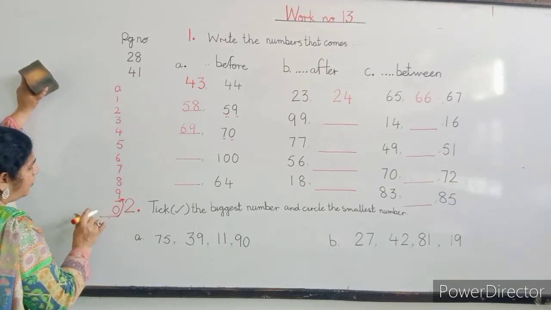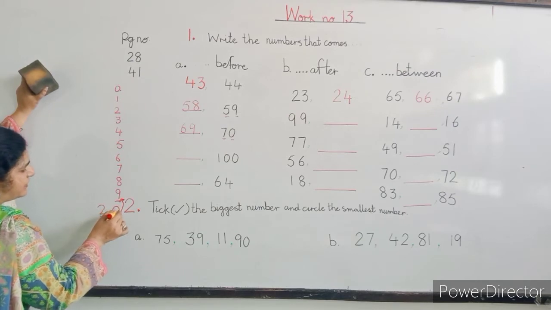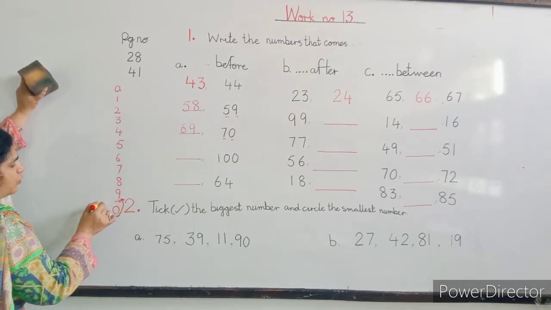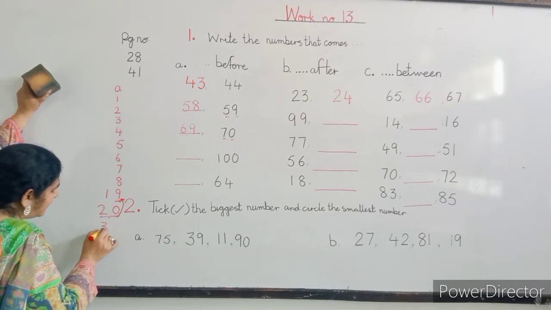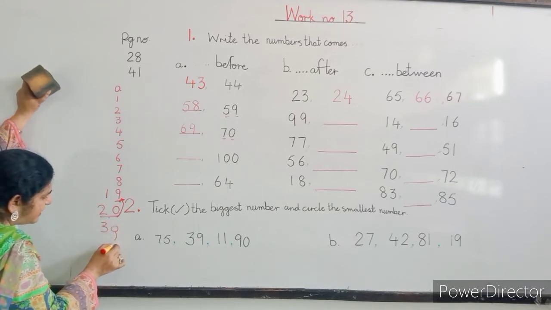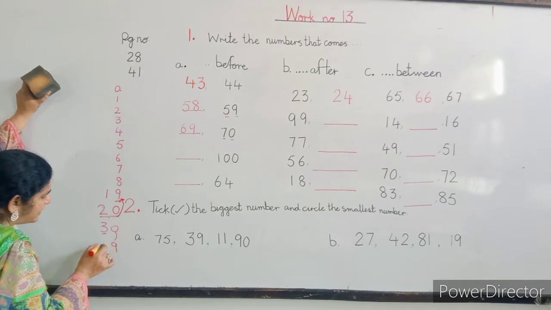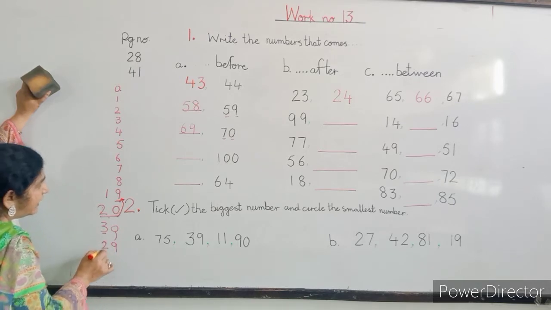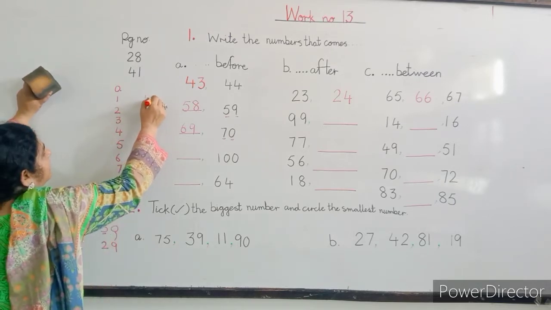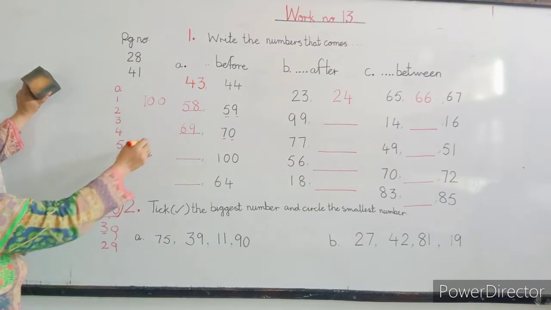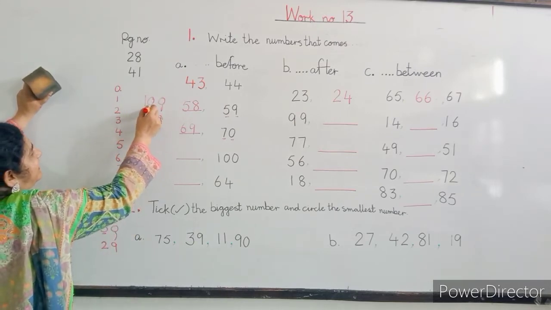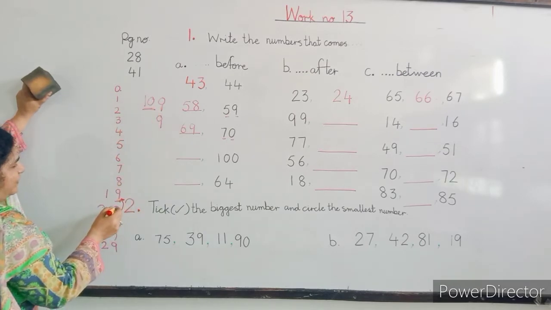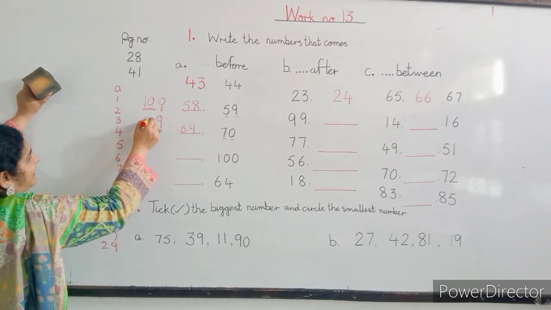If it is 20, then the 0 will change into 9 and 2 will become 1. If it is 30, then this 0 will change into 9 and 3 will change into 2. If it is 100, then what will we do? Yes, this 0 will change into 9 and this 10 will change into 9.